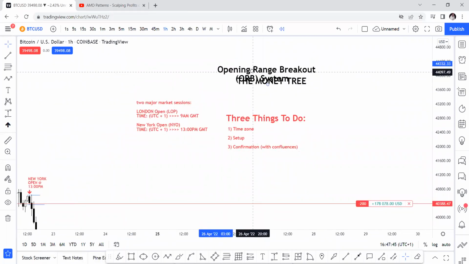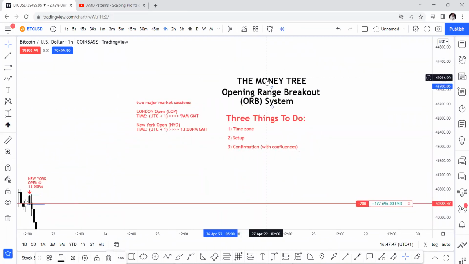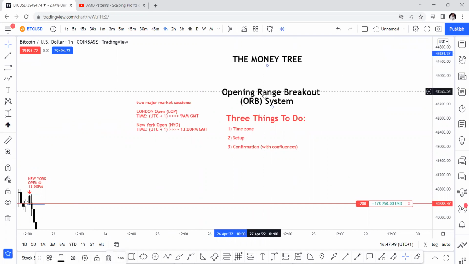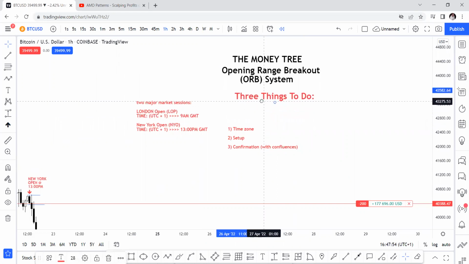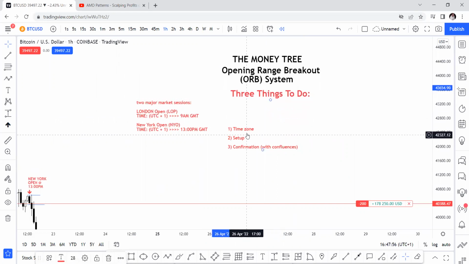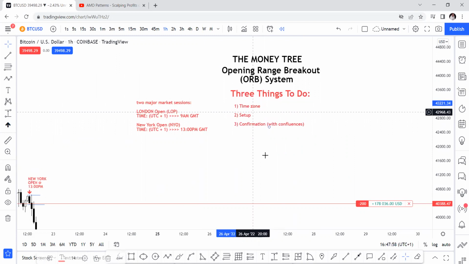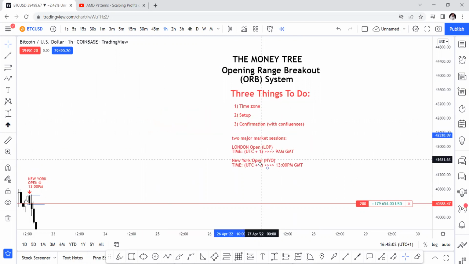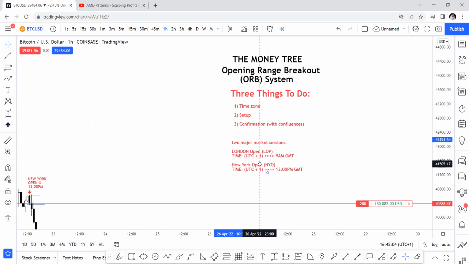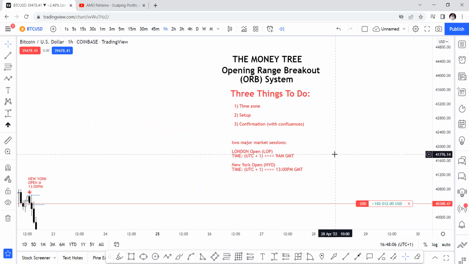How do we trade this? Your focus is on market session opening, the two major market sessions: the London and New York market sessions.